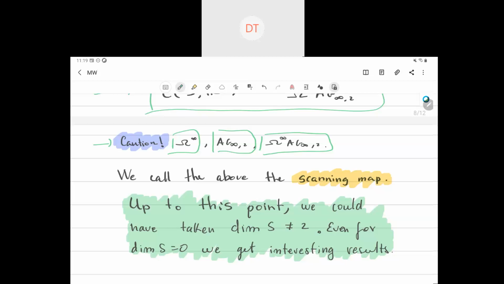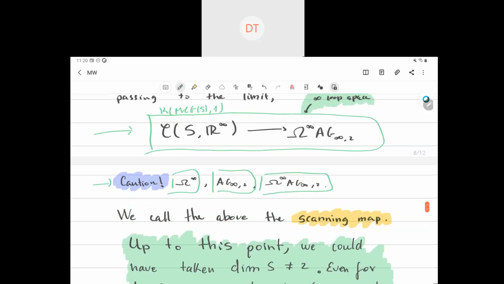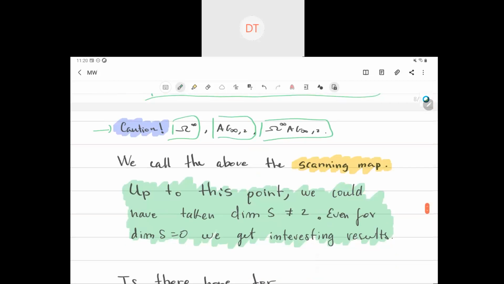For dimension of S equals 0, we also get something interesting that is very much related to what we did during the semester with Jeremy with configurations of points. I don't know if I should say more about that, so I'm going to leave it at that.